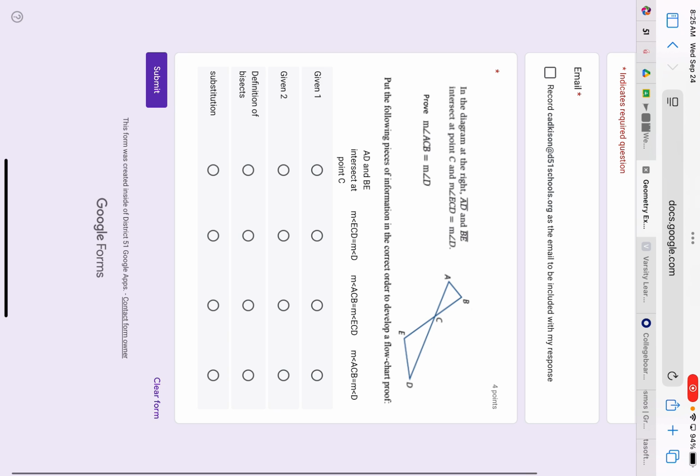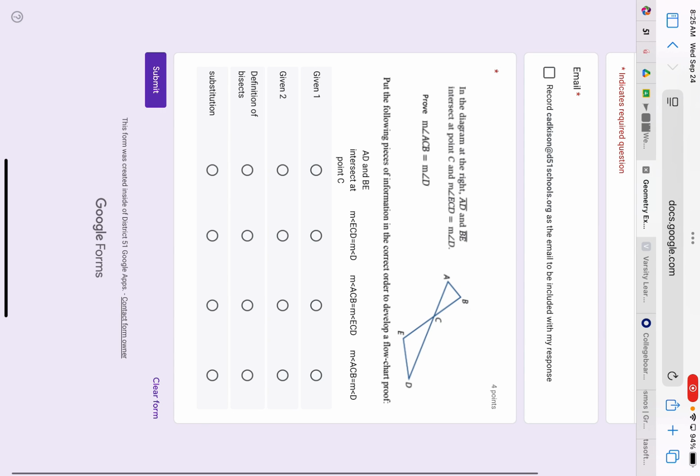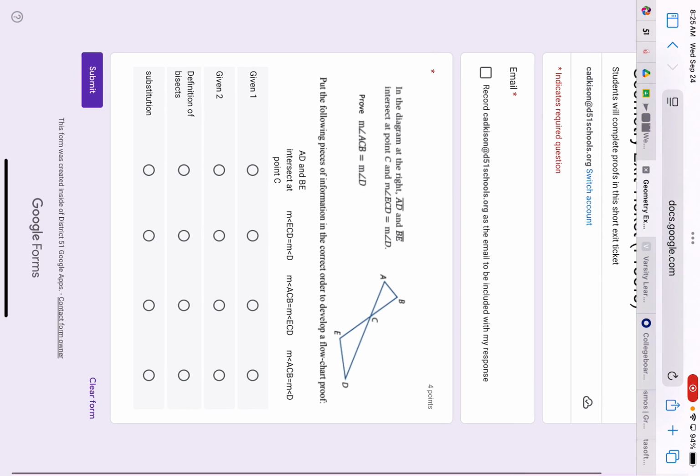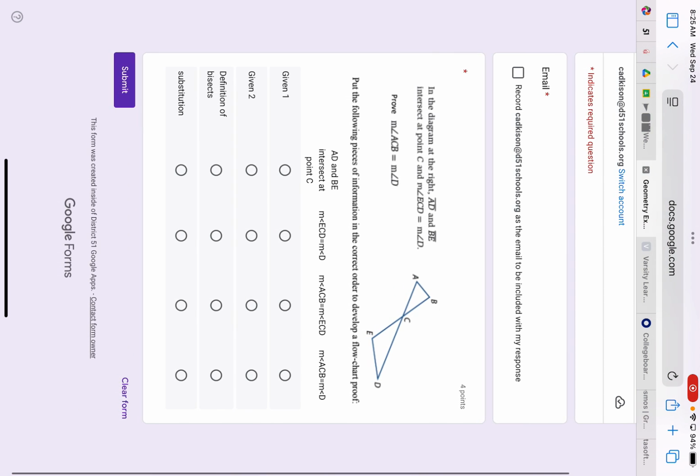It's kind of a weird thing to put into a Google form, so just do your best. But you can kind of see on this first one, it says put the following pieces of information in the correct order to develop a flowchart proof, but same idea as what we do as a 2-column proof.